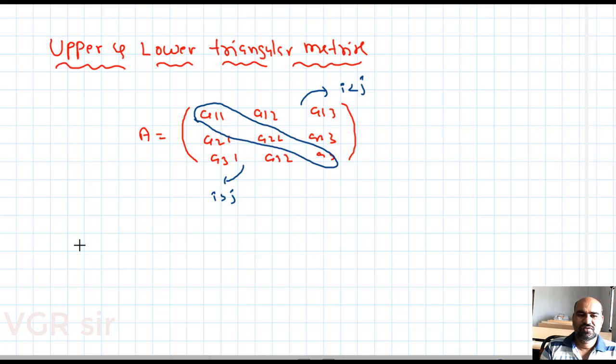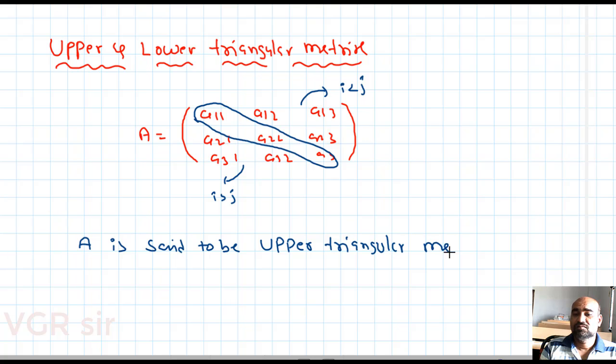A matrix A is said to be an upper triangular matrix if, observe students, Aij equals 0 for i greater than j.